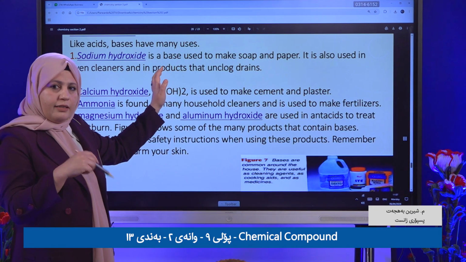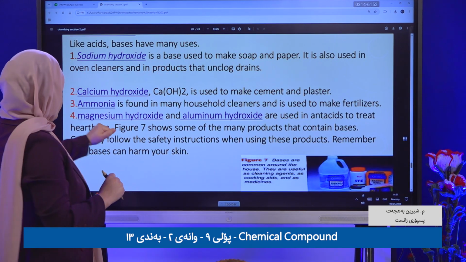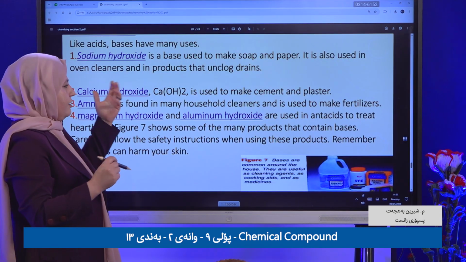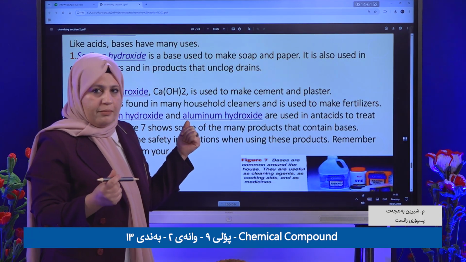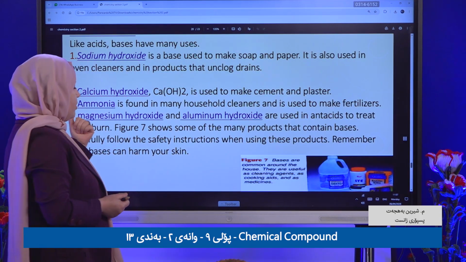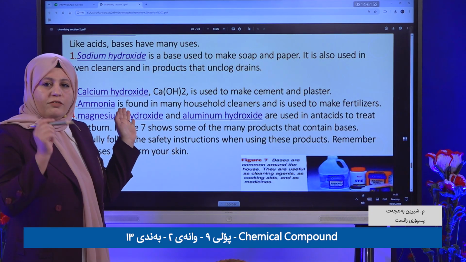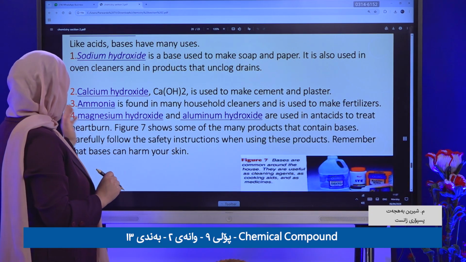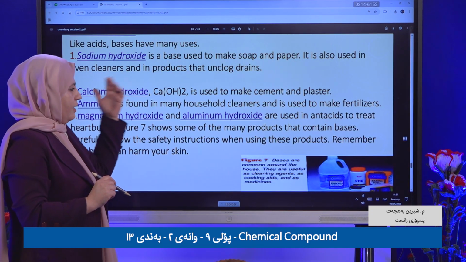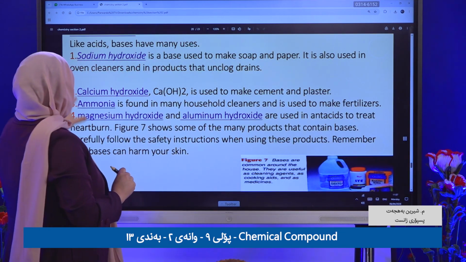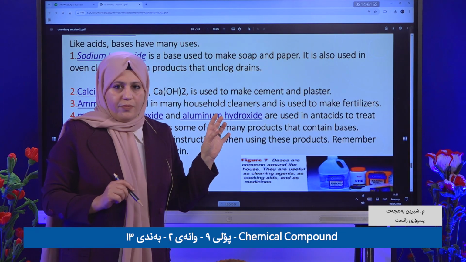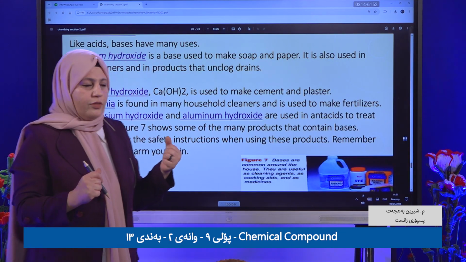Base or acid? It is a type of base. Calcium hydroxide is a type of base. What about ammonia? Ammonia is a type of base. And magnesium hydroxide and aluminum hydroxide are types of bases. And they are useful for our life.